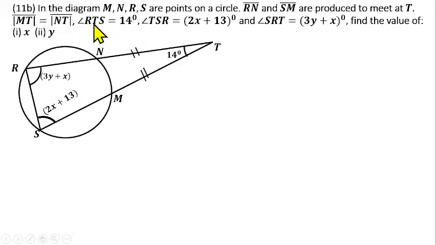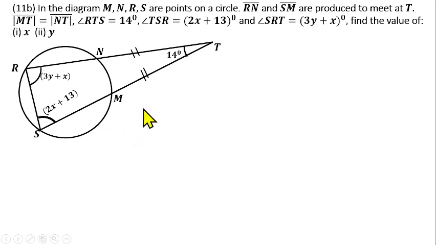Angle RST is 14 degrees. Angle TSR is 2x plus 13, which is this. Angle SRT, which is this angle, is 3y plus n. You have to find the value of x and the value of y. Like I said, the question is from circle geometry. It's very simple.